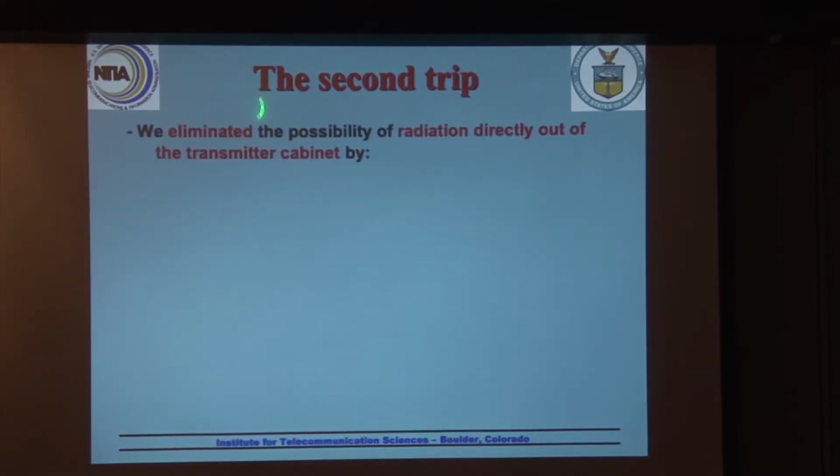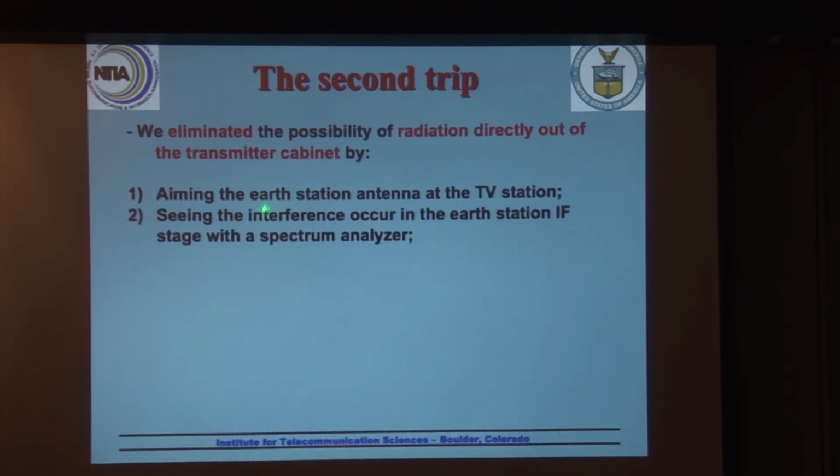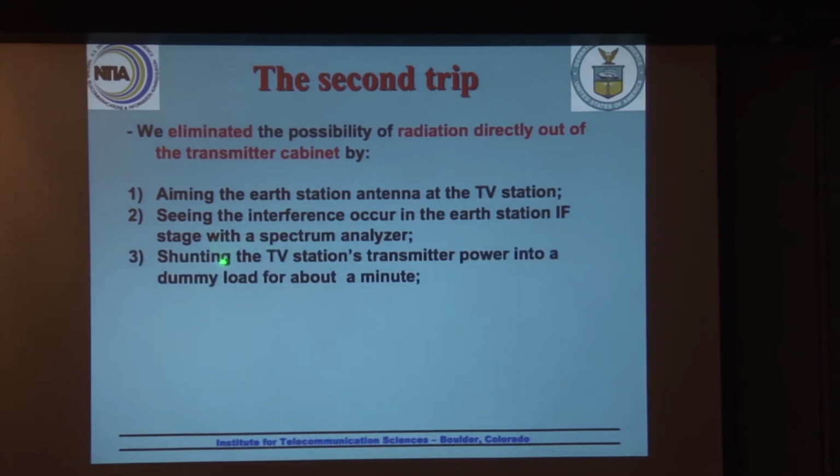First of all, we eliminated the possibility of radiation directly out of the cabinet by going back to the earth station, putting a spectrum analyzer on the earth station IF, aiming the earth station at the TV station, looking at the interference coming into the earth station receiver's IF stage, then calling over to the broadcaster and having them turn their station off the air, shunt all their power into a dummy load for about a minute, which meant that they literally went off the air.